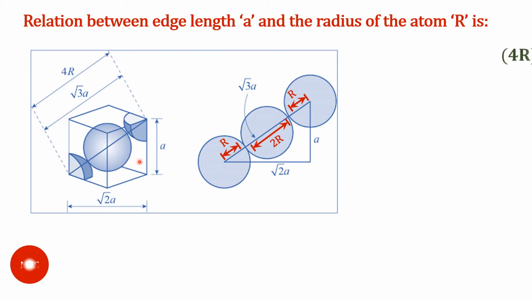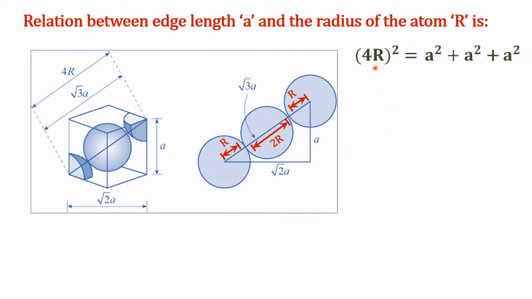It is 4R the whole square, which is equal to A square plus A square plus A square. Just go through the geometrical arrangement.